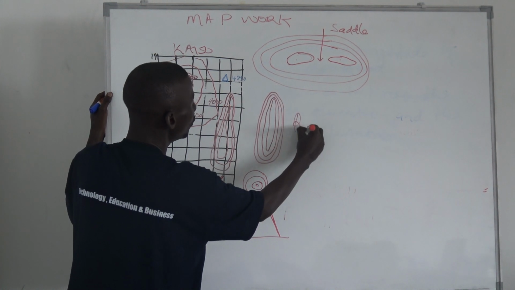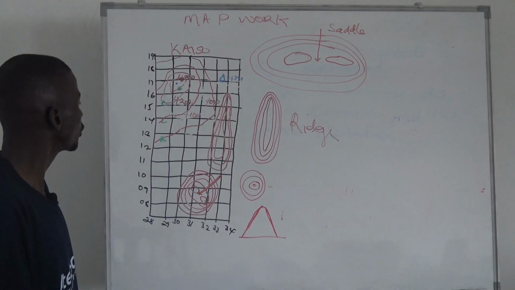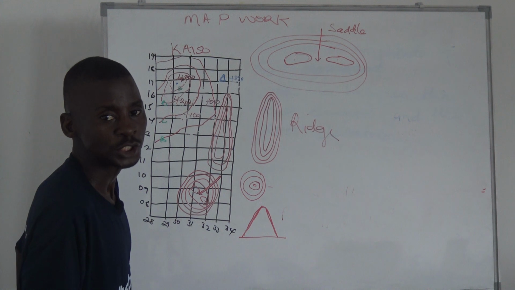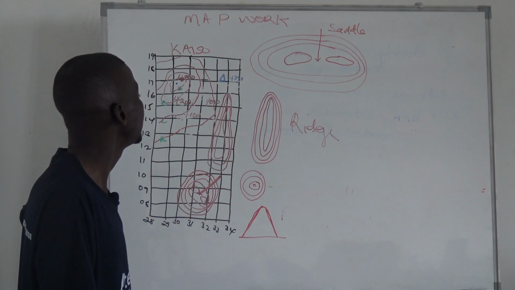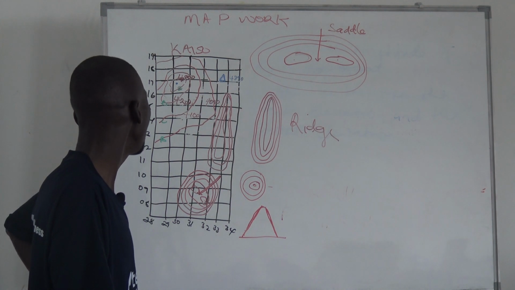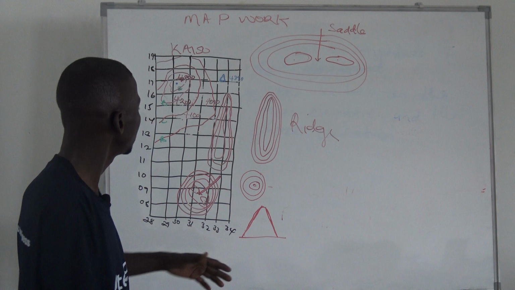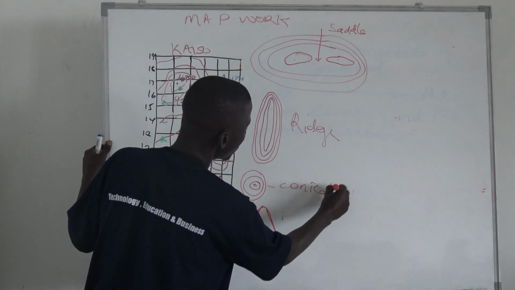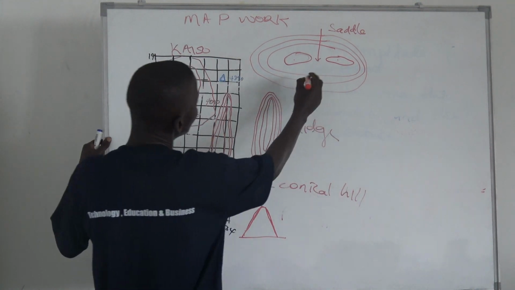So far, the shape and nature of the contours will always tell the name of the feature in the map. As I already told you, this one is a conical hill. This is a ridge. That is a shadow.